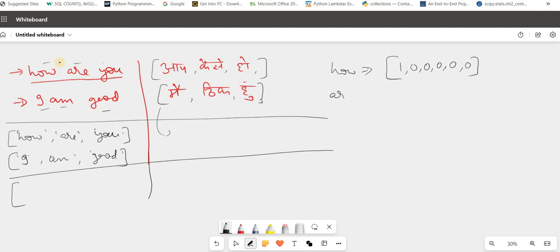Same for the R, 0 1 1 2 3 4. Okay, 6. And the same will happen to the entire words till the good. How are you? And I am good. Same thing will happen to these words also, but here two things will get added to our data.